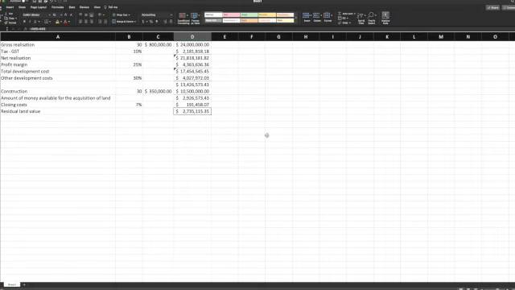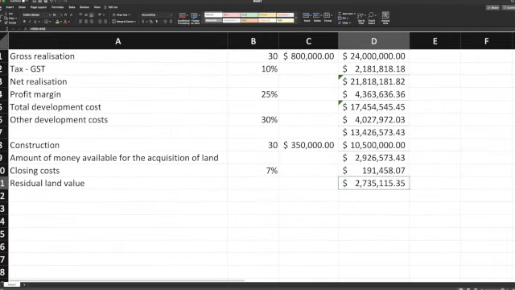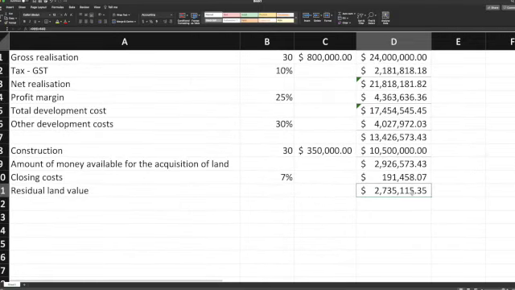In this circumstance, I might just blow all this up now to make it a bit bigger. So this number, the 2.7, becomes the amount of money that we could possibly spend on purchasing a parcel of land. Now, keep in mind that with these types of feasibilities, we're talking about averages and approximates and estimates of what the other development costs will be.